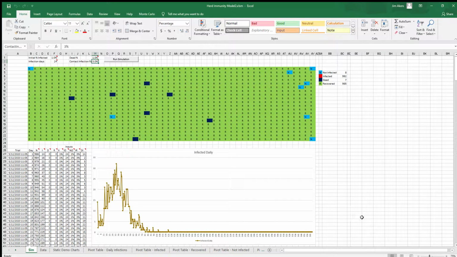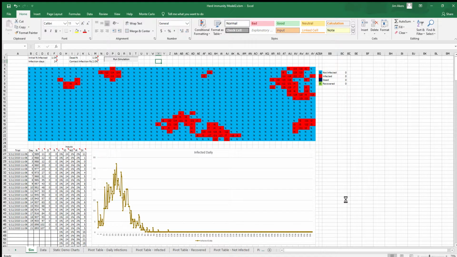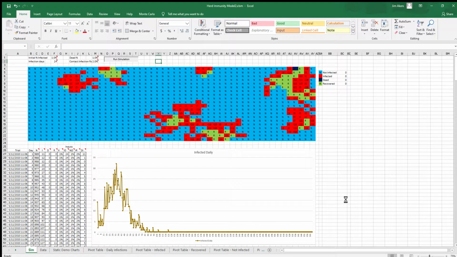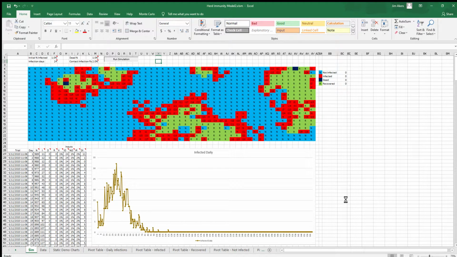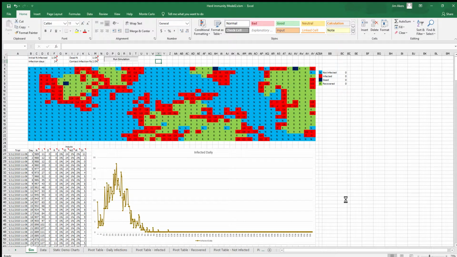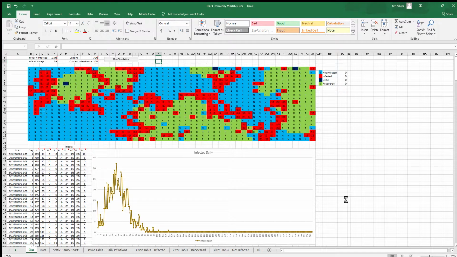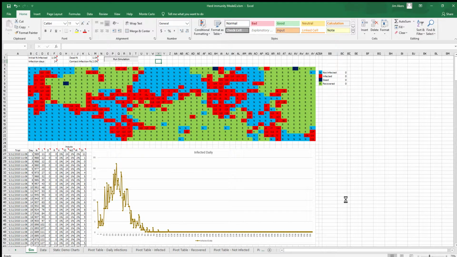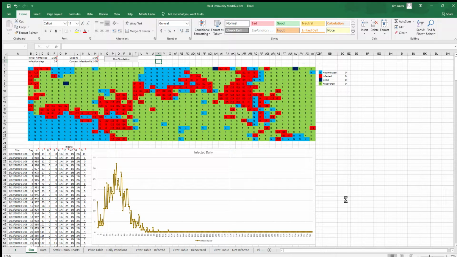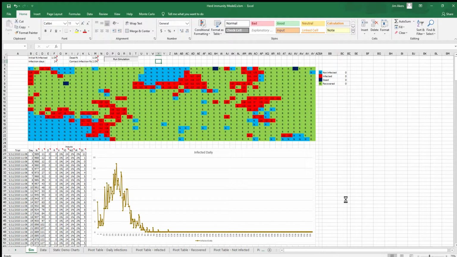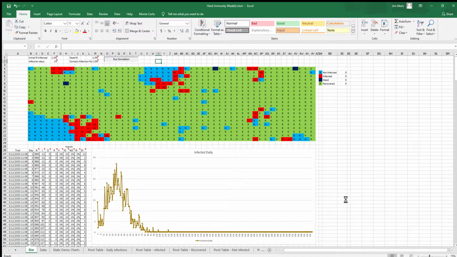Okay, we should see a significant difference this time. You can see that it's propagating more slowly. The virus is having a little bit more trouble, a little more resistance.